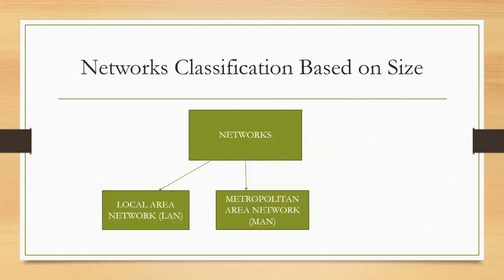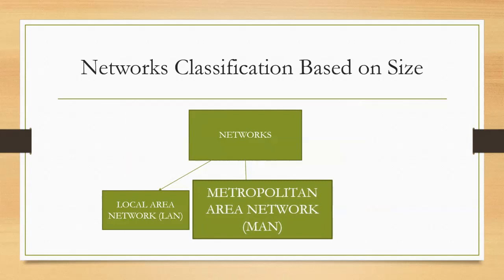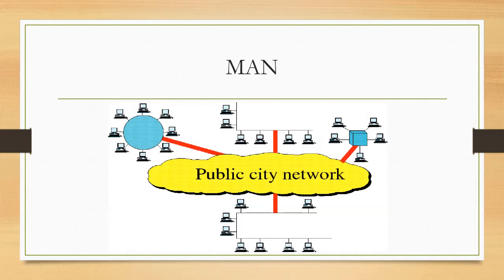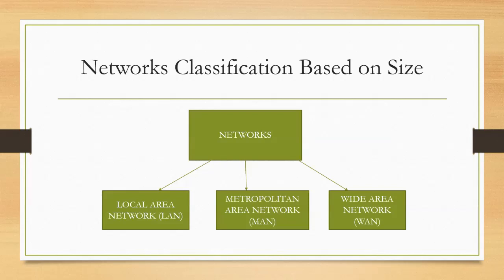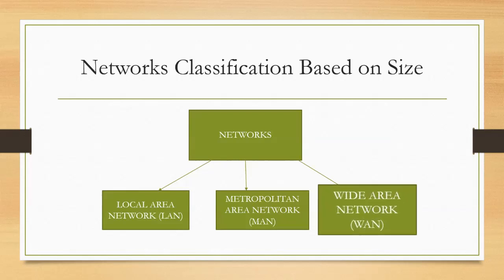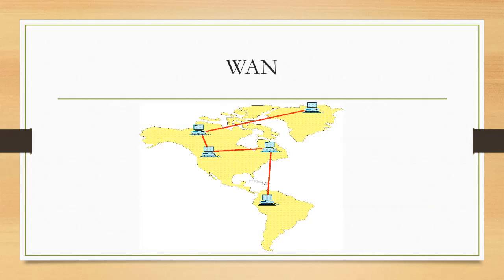Then the next type of network is the metropolitan area network, that is MAN. The range of a MAN is a little bit more than a LAN; it comprises the area of one complete city or a smaller town. Or in our case, we can say a smaller area, but more than the campus. And the third one is the wide area network, WAN, which is all over the world.